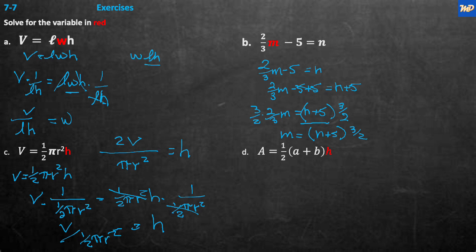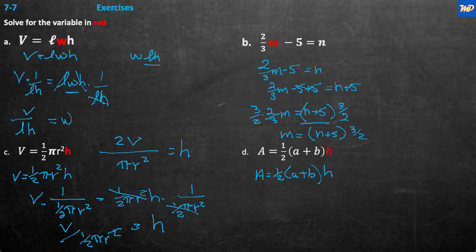And D: the area equals 1/2 the quantity A plus B times H. That's what I'm assuming they're doing here, an area problem. They want us to solve for H. It's almost exactly the same as the one we just did.